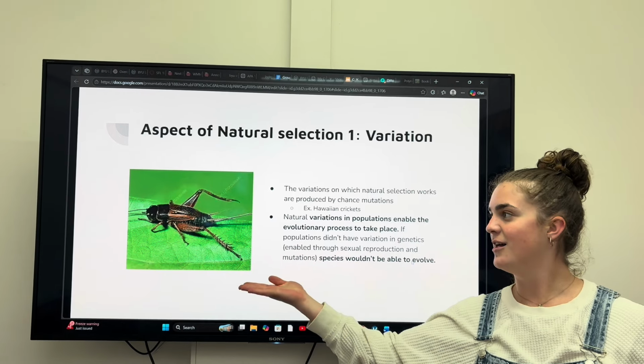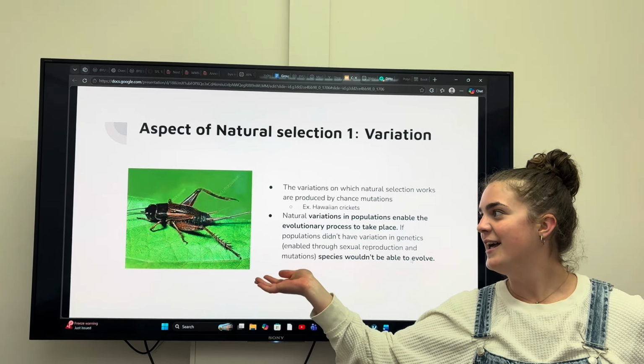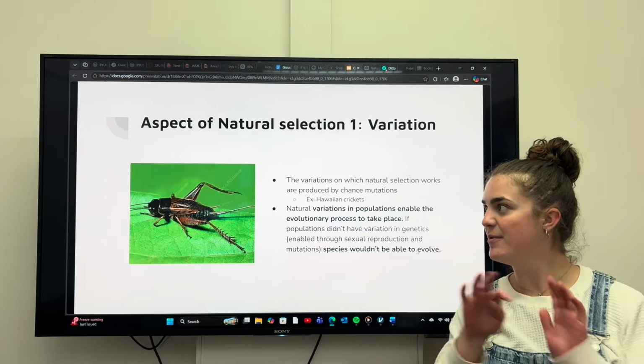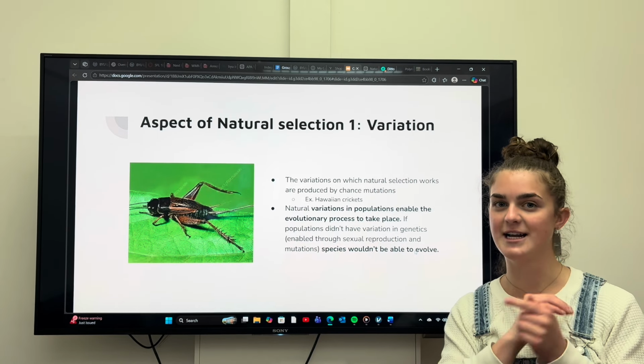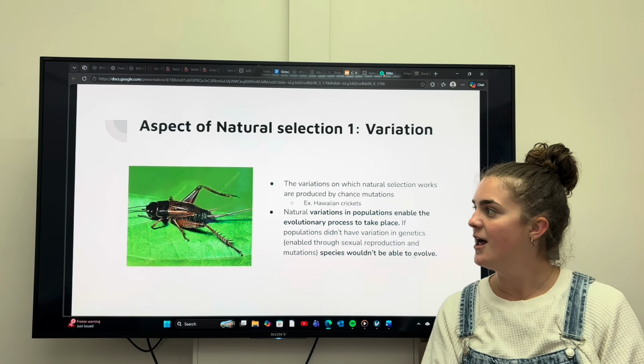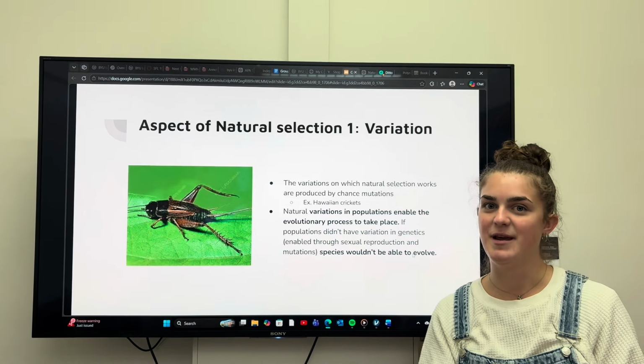So this little guy lives on the island of Maui. And before an invasive fly species came, the crickets would attract mates by rubbing their legs together to create a sound that would attract females. But as soon as that invasive species came, it would eat the crickets that would make that sound.